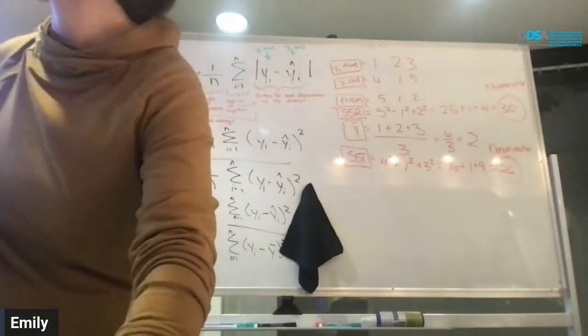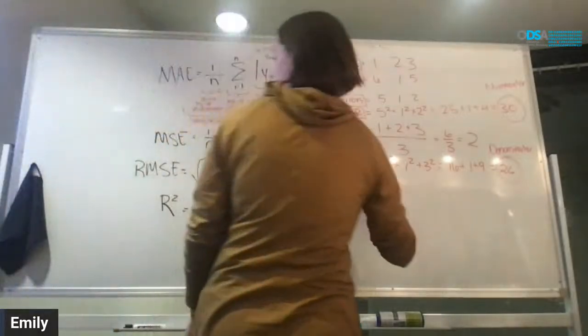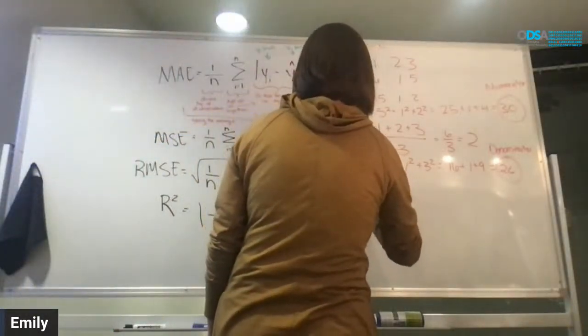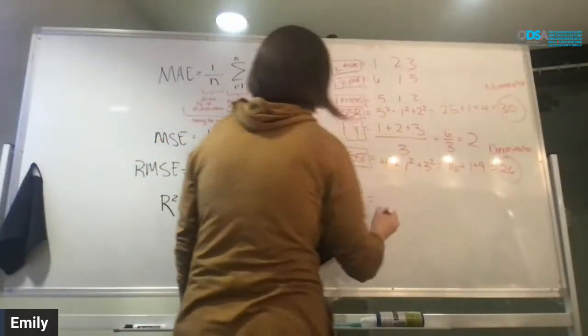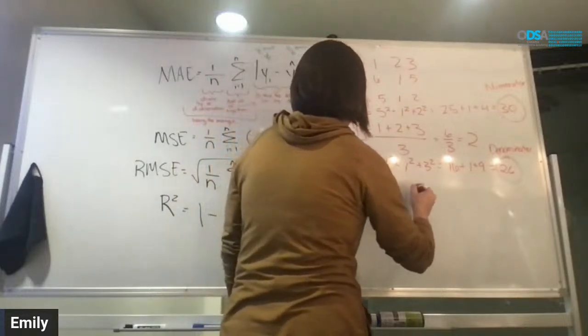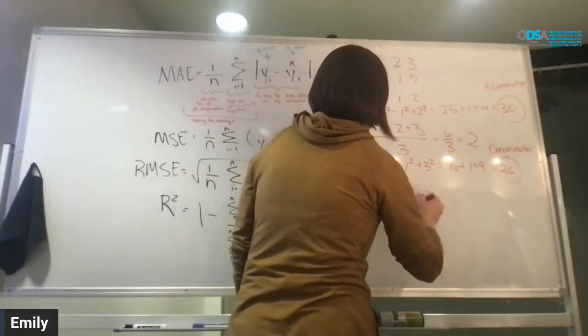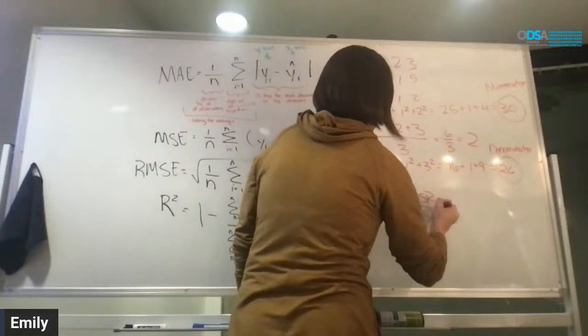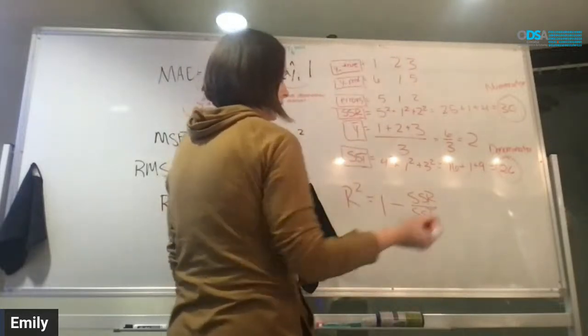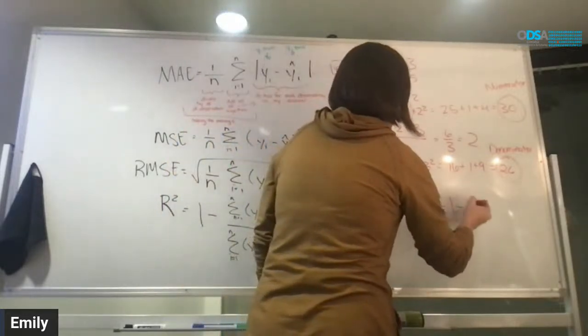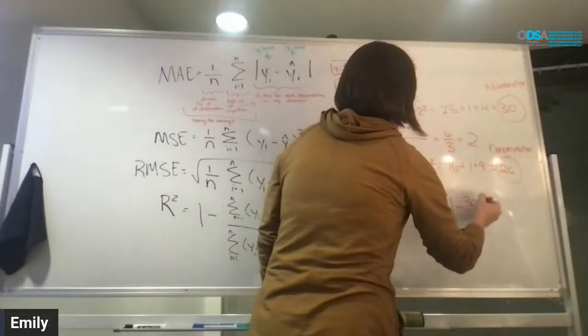Okay, so now we can say that our r squared is equal to 1 minus SSR over SST, which is equal to 1 minus 30 over 26.